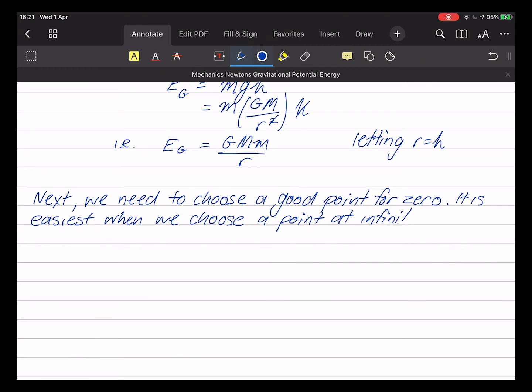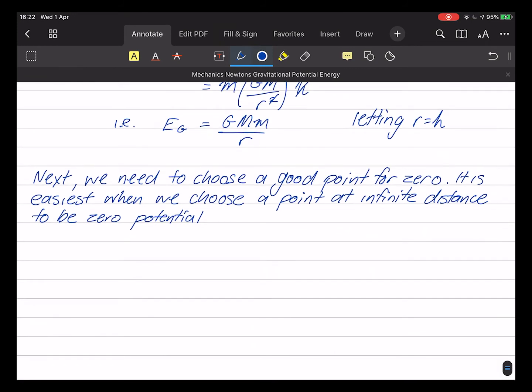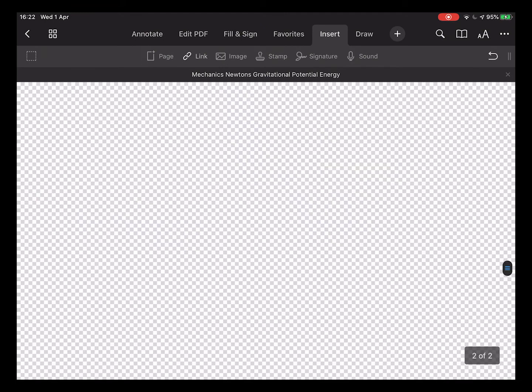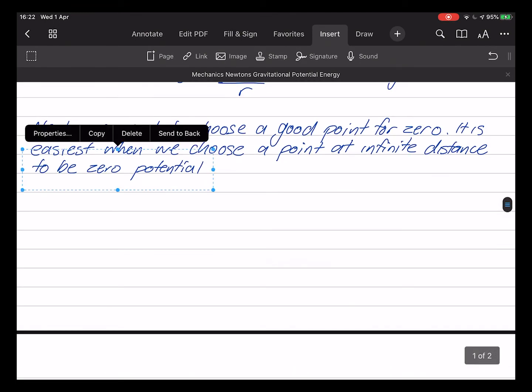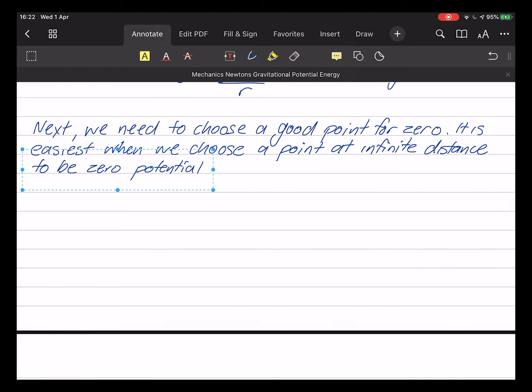Could be infinite anything. If we choose a point at infinite distance to be zero potential.